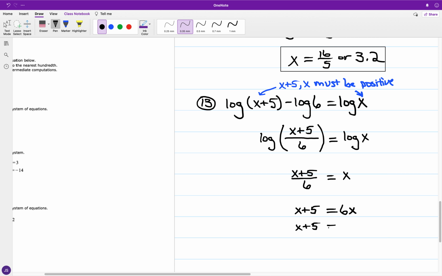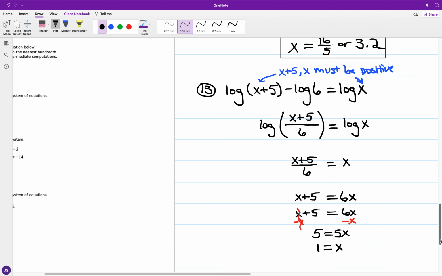So I have 6x by itself on the right, and I can join this with x. If I take x away from both sides, we're going to have that 5 is equal to 5x. And then we divide by 5, so I have that 1 is equal to x.